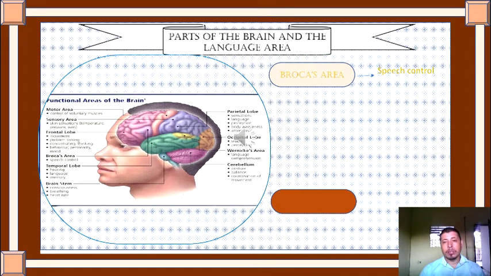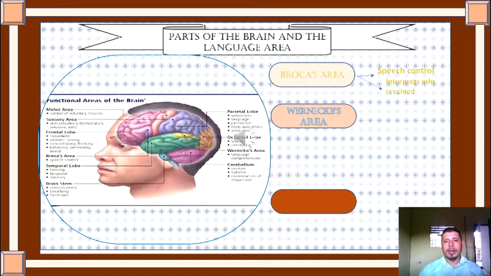And the speech control is related to language production. That's when we produce the language. It also is related to the interpretation of received information. So we encode and decode information. We are able to interpret the information received, and then we are able to respond to that information.